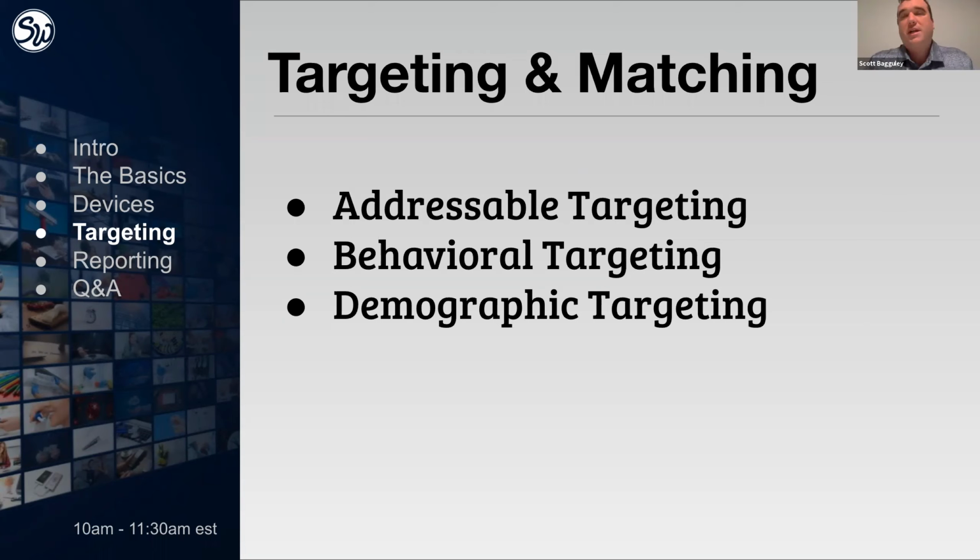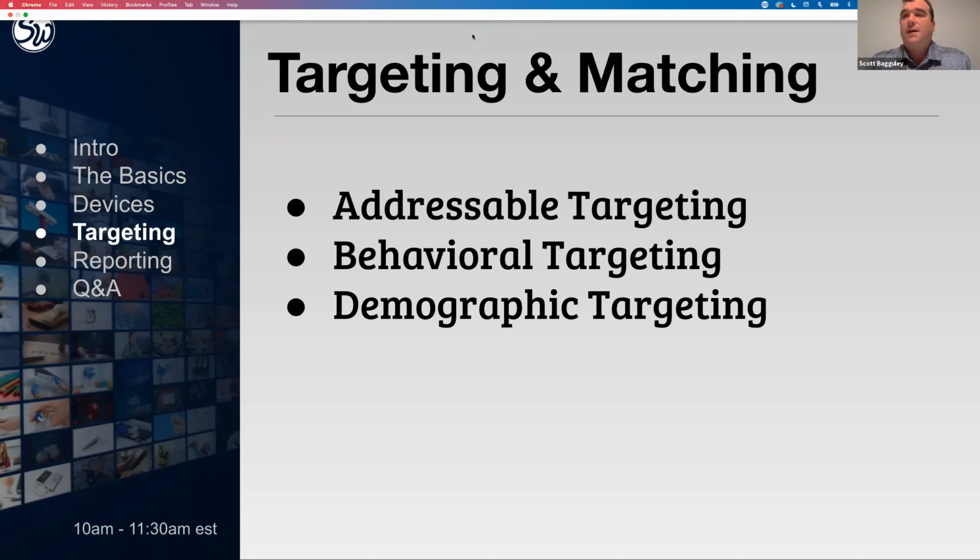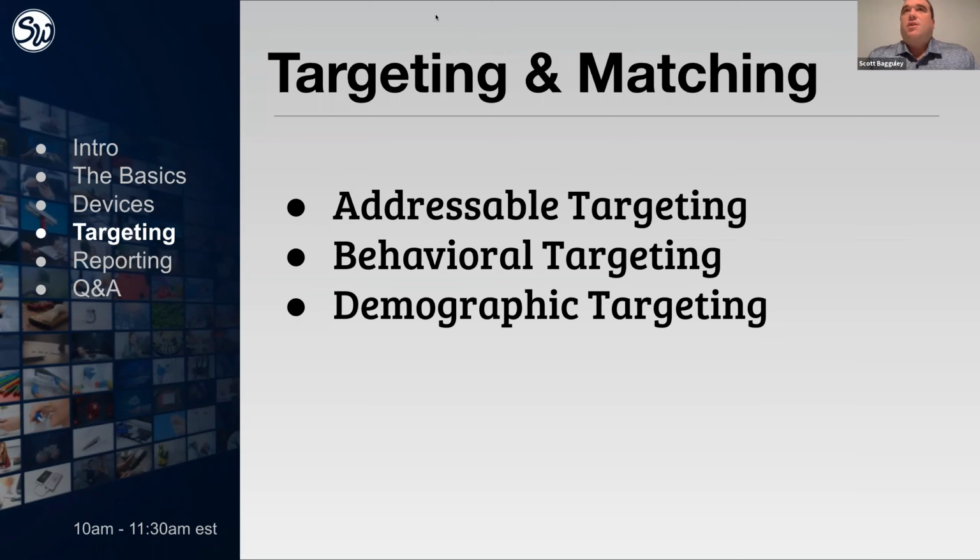It's called third-party data, and we essentially just overlay that on the campaign. We're targeting specific user behaviors, and not focusing on a specific channel, because sometimes, depending on the campaign, it might be tough to find where your audience is and what channels they're watching. So then you go with this behavioral approach. So it doesn't matter what they're watching. You know that this is the audience you're looking for.